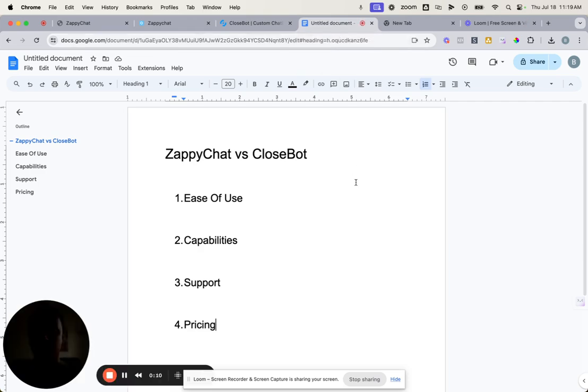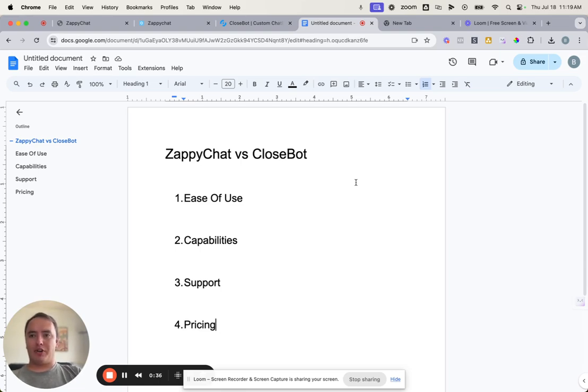And the reason I'm going over this is because I personally was trying to find a comparison of these two when I was looking at different bot builders and SMS chat builders for myself, and I found that there was not a lot of comparisons when I was doing my research.